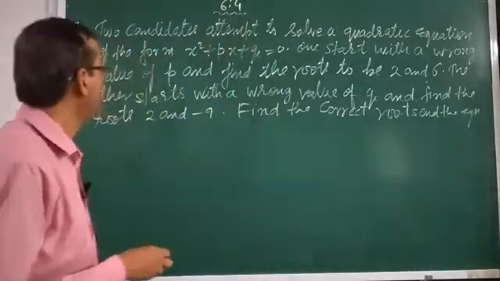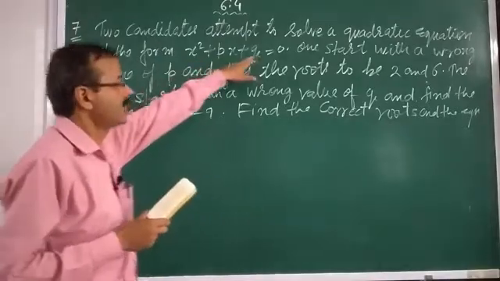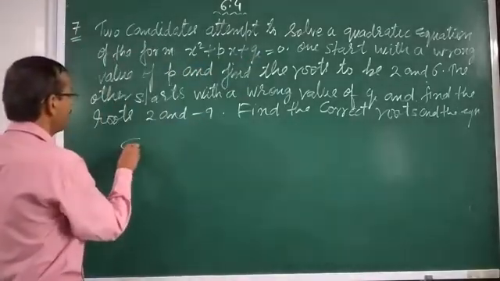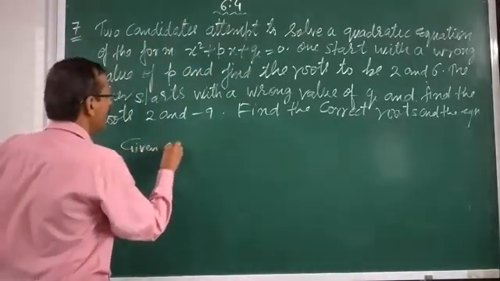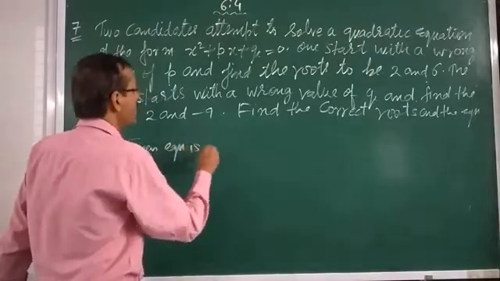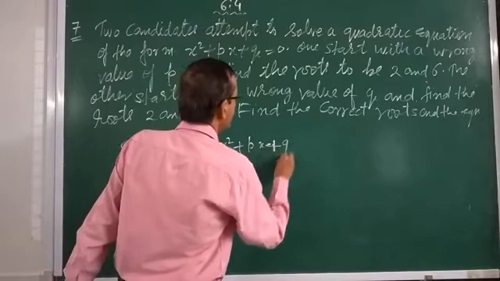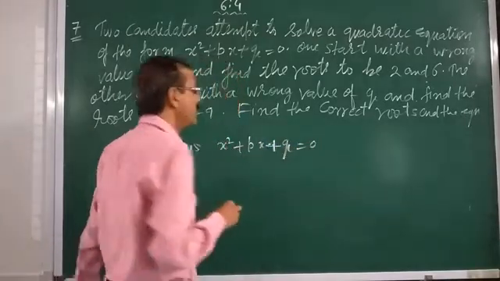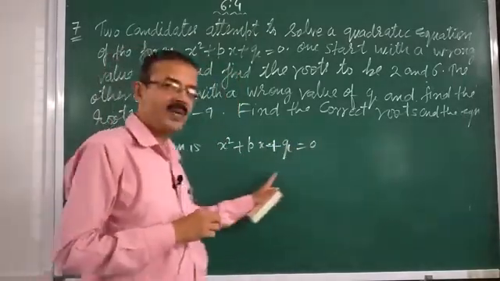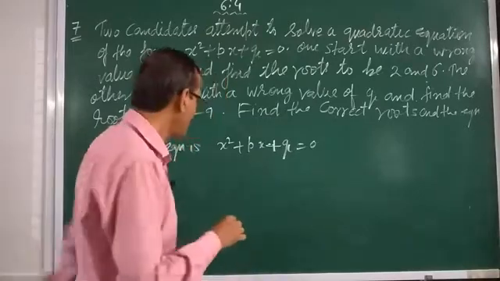So students, let us start. First, the given equation is x square plus px plus q is equal to 0. If alpha and beta are the two roots, what will be the sum of the two roots?